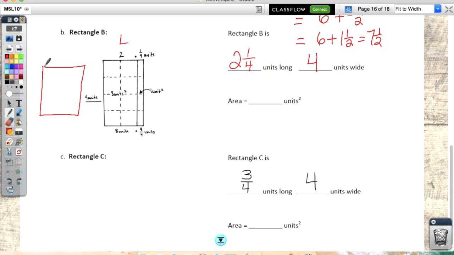So what do I have here? 2 1/4 by 4. So everybody write that down. This one's going to be really simple. Okay, so 4 times 2 is what? And 4 times 1/4 is? 4/4 or 1. So the answer is? 9.